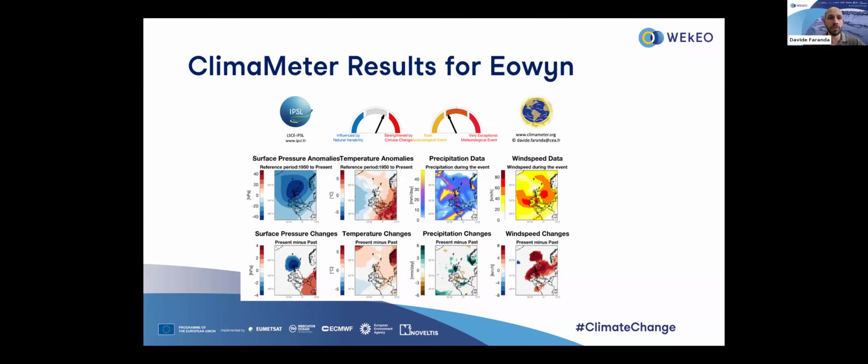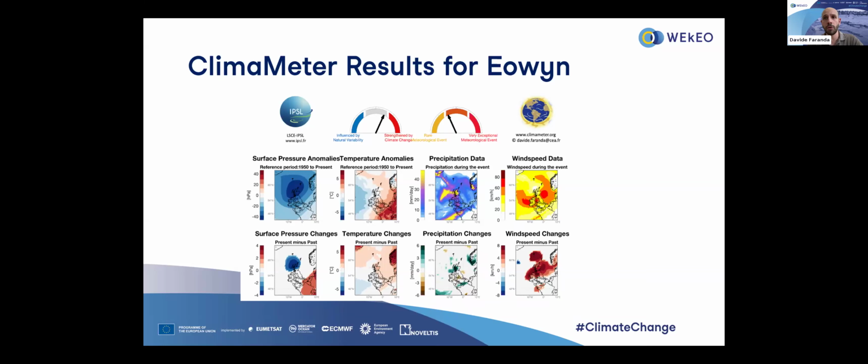So we summarize all these results in the kind of output that you can see on the Climameter website. So the role of natural variability is basically expressed in the first meter here, that for every mode of variability that is significantly different in the present with respect to the past, we go from strengthened by climate change to influenced by natural variability.